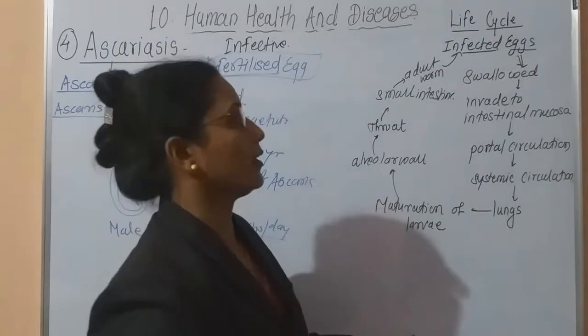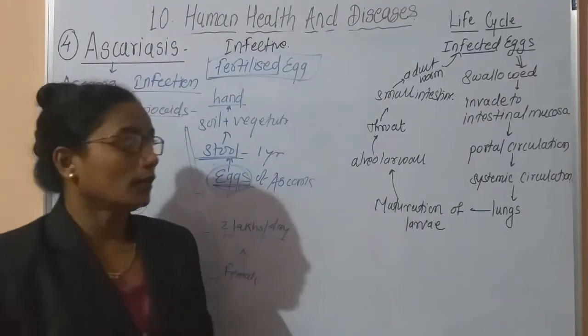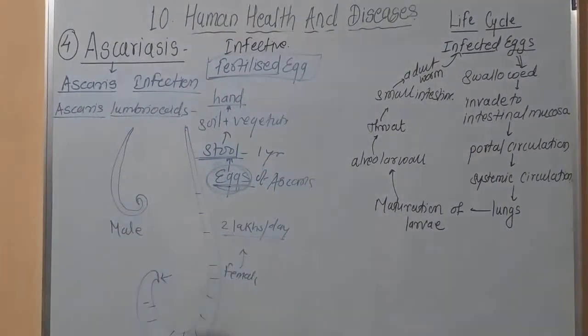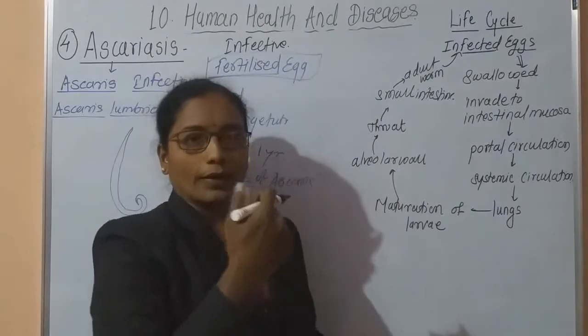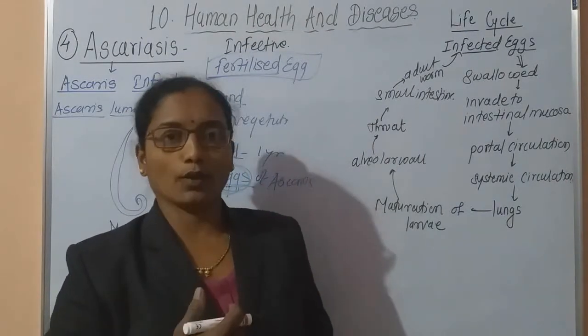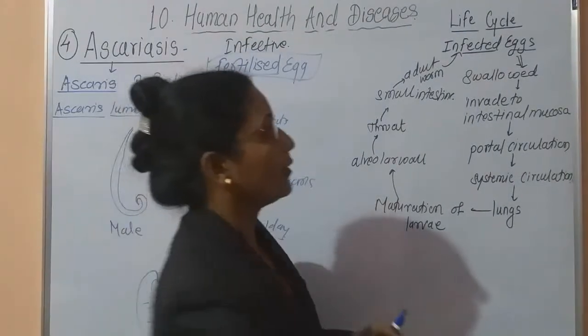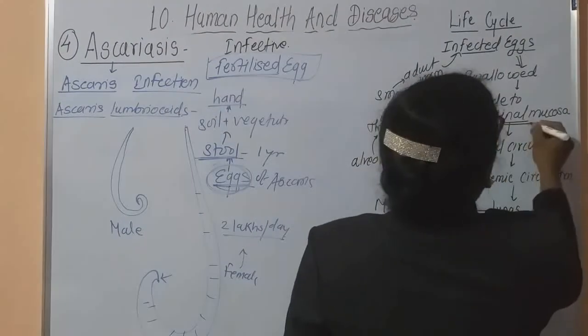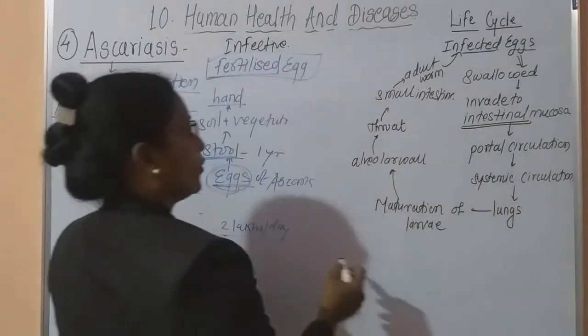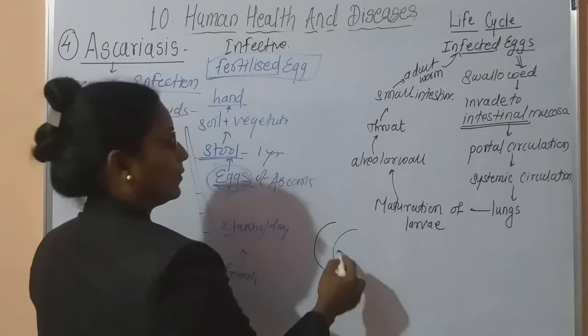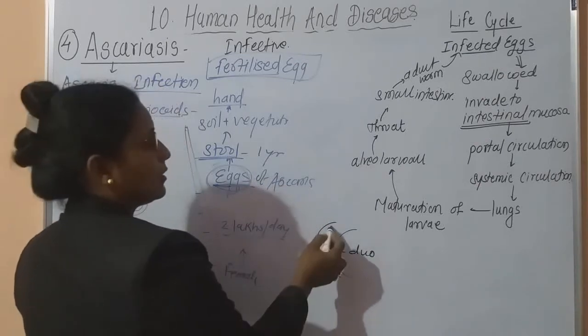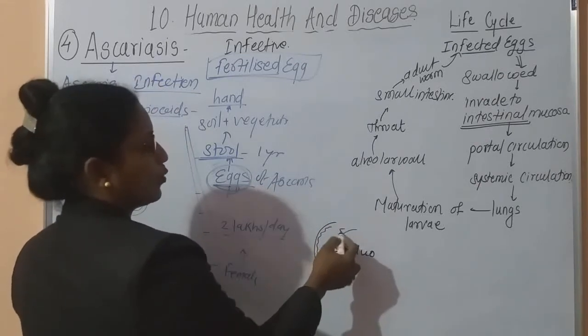If these eggs enter the human digestive system, these swallowed infected eggs go into our alimentary canal through our mouth, pharynx, then through the alimentary canal towards our intestine, and inside our intestine, this is the duodenum. Okay, duodenum part, this intestinal mucosa.